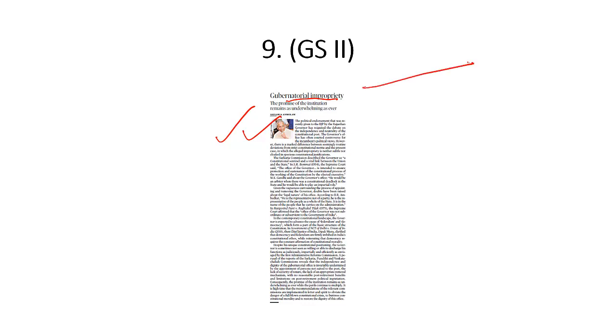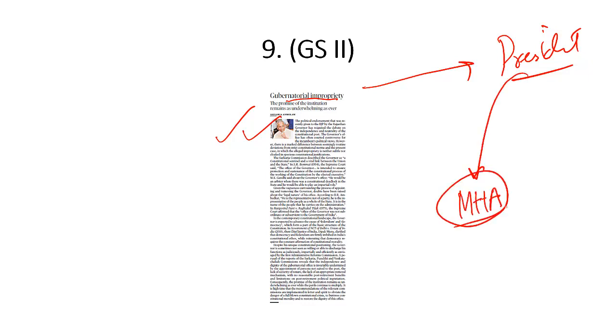The Election Commission submitted its report to the President, and the President has expressed extreme disapproval regarding the conduct of Kalyan Singh, the governor of Rajasthan, and has forwarded the letter to the Ministry of Home Affairs, and now it remains to be seen whether any action can be taken against the governor of Rajasthan or not.